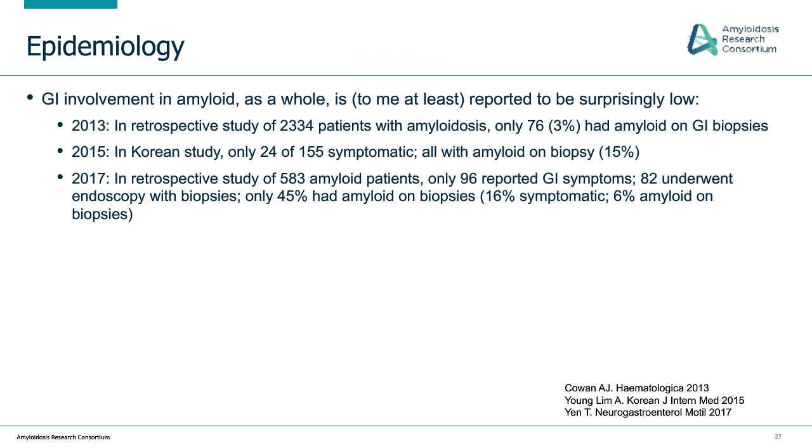So all 3 of these paint a relatively similar picture that GI involvement in the mucosa does appear to be low, or at least lower than I would think it would be.